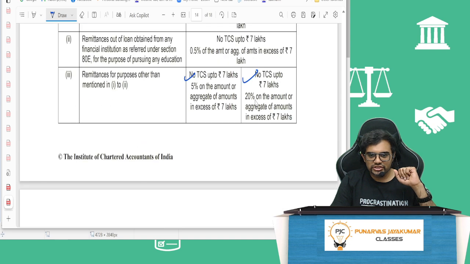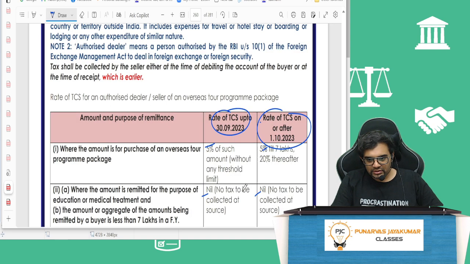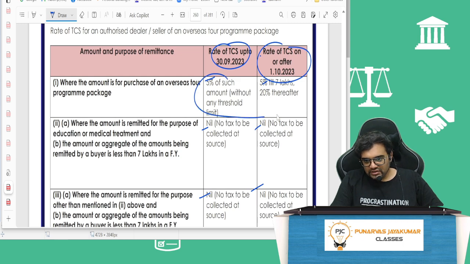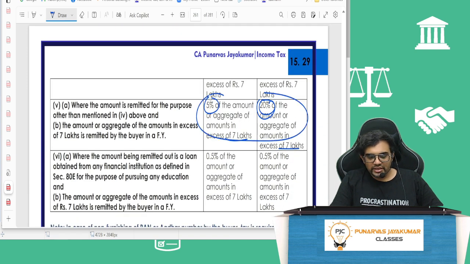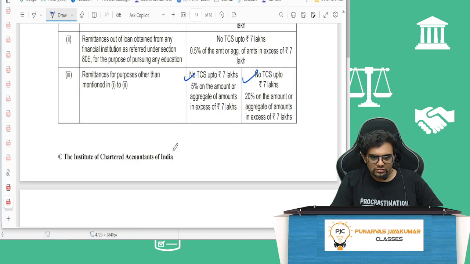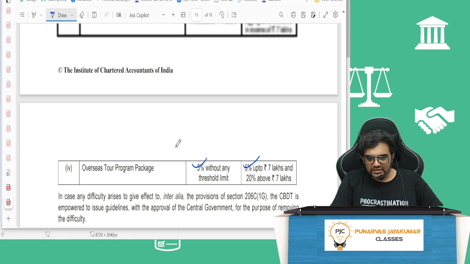Two items are changing, that's it. Predominantly, here also you see, this is changing, this one, and this one.